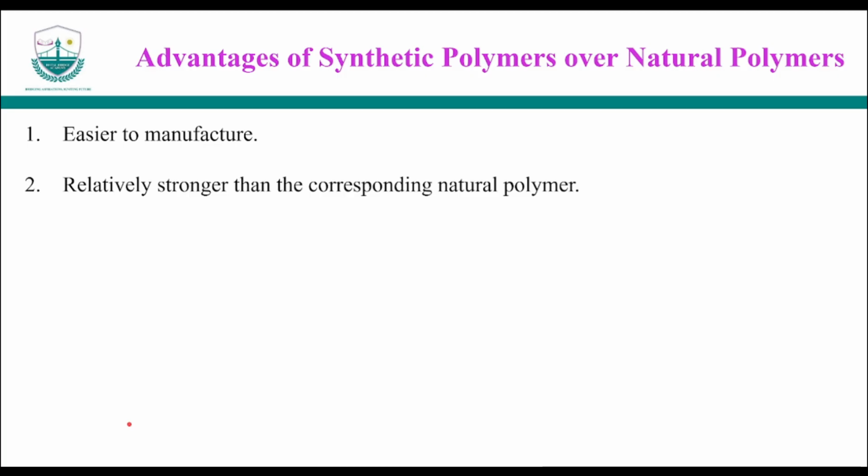In terms of environmental friendliness, natural polymers are better. But these artificial, synthetic or man-made polymers also have their own advantages. They are easy to manufacture and they are much stronger compared to the natural polymers.